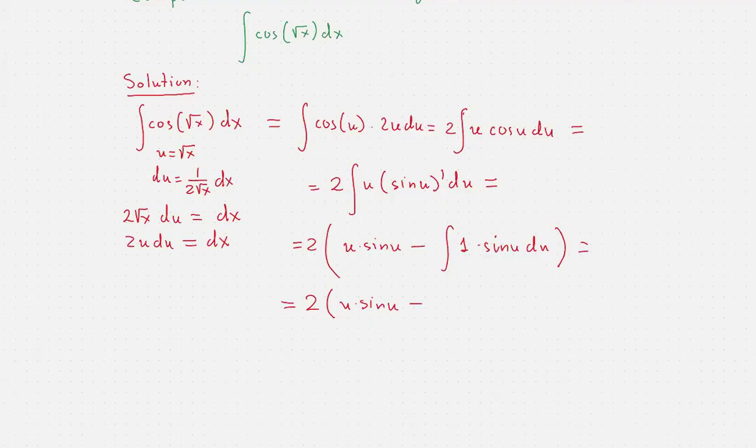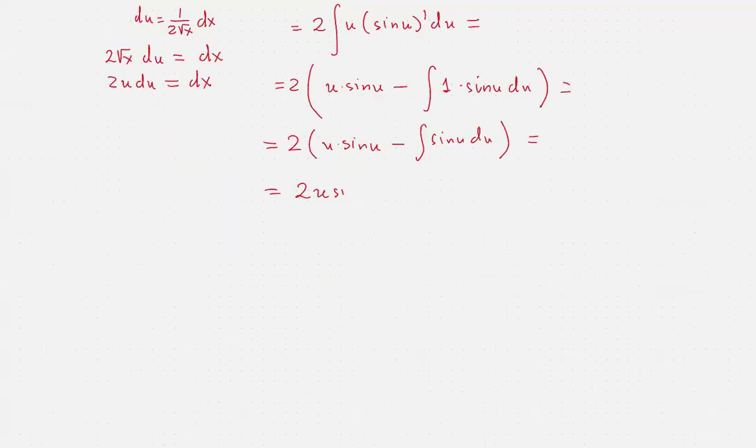The antiderivative of sine u is negative cosine u plus c. Which is 2u sine u plus 2 cosine u plus c.